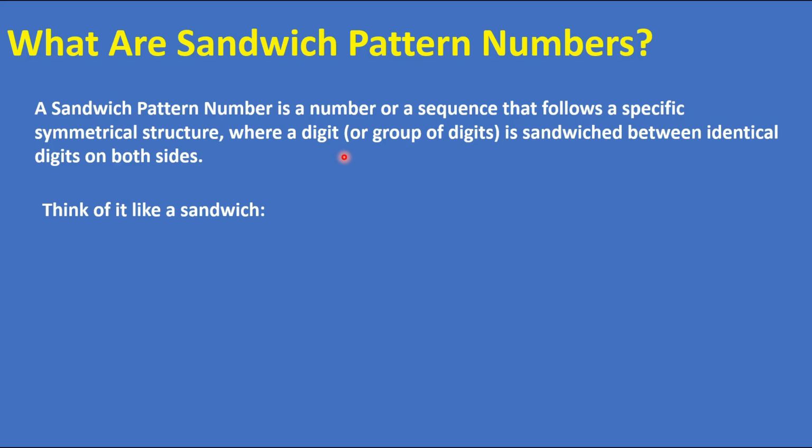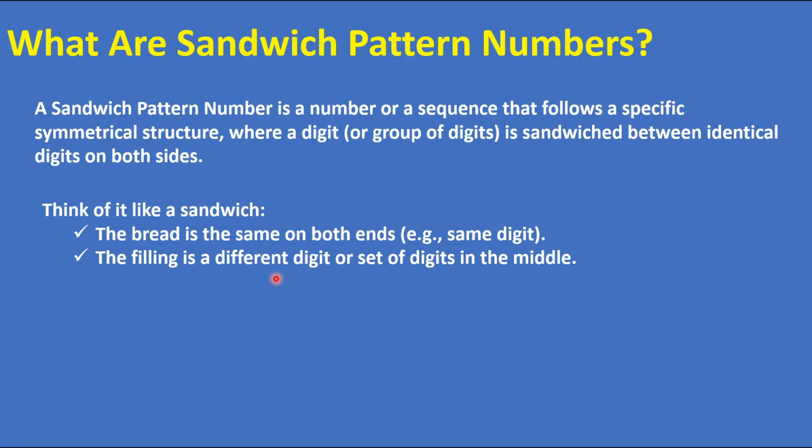Think of it like a sandwich. The bread is the same on both ends, that means the same digit when you are talking about numbers. The filling is a different digit or set of digits in the middle. In this demo, we are going to consider only a single digit.